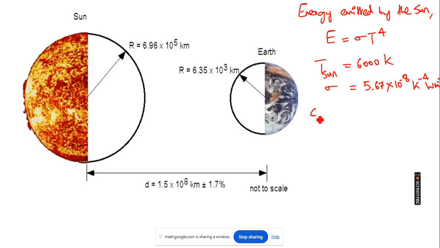So from this you can find the energy emitted by the Sun per unit area. What will be the value?